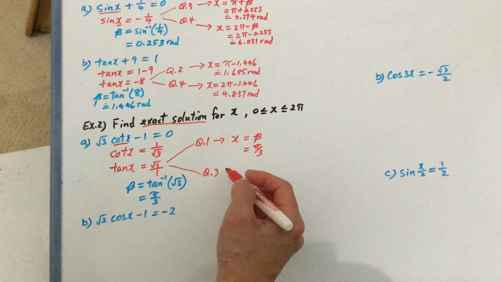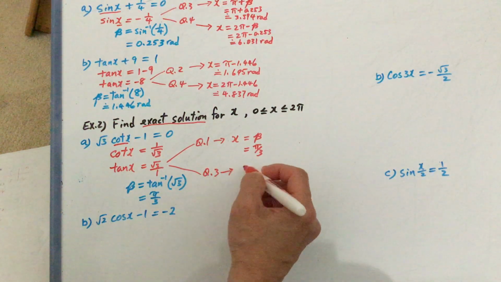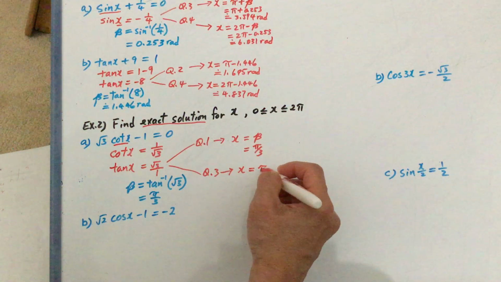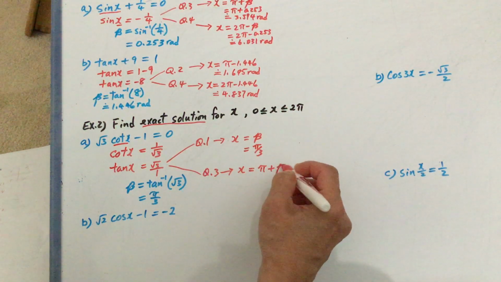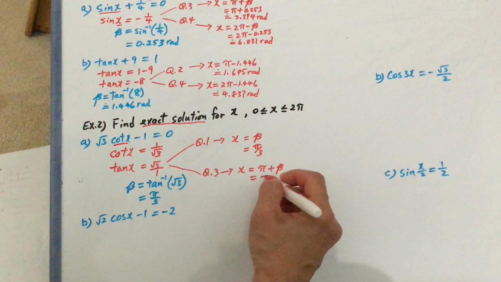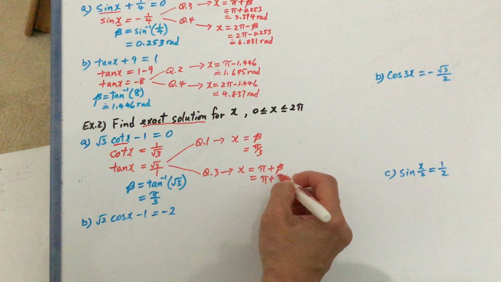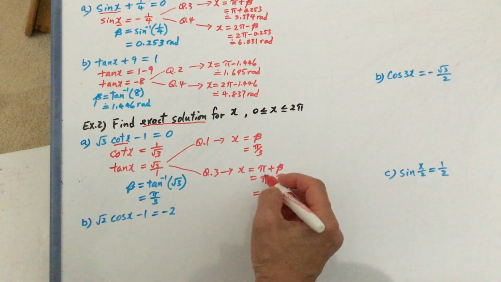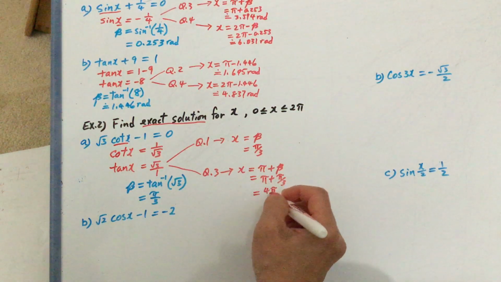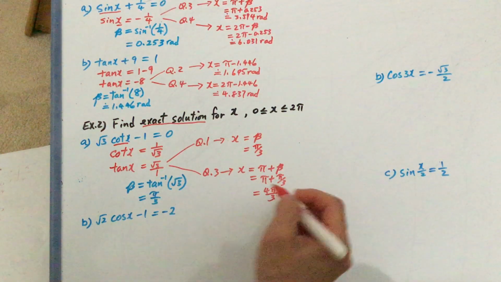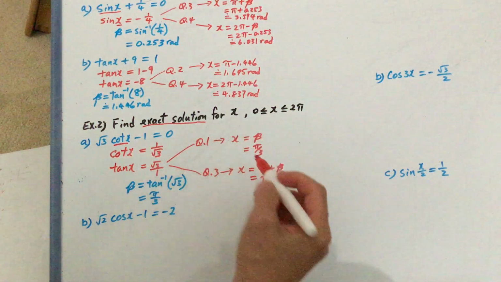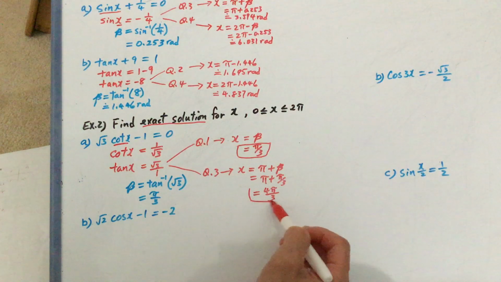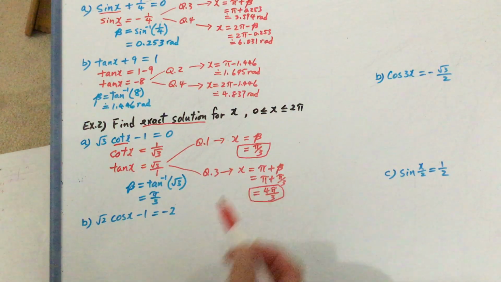But in quadrant 3, the principal angle x is equal to pi plus the related acute angle. So it's pi plus pi over 3. When you add them with a common denominator, you will get 4 pi over 3. Okay, because I'm having this in the exact form, I don't need to put in the rad.